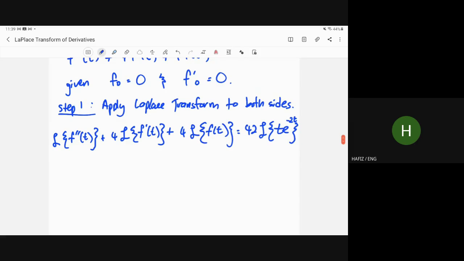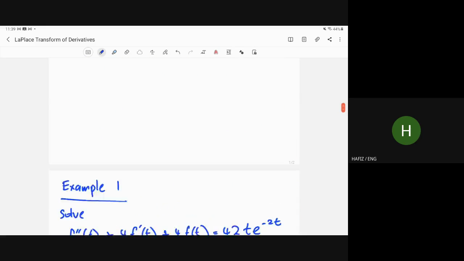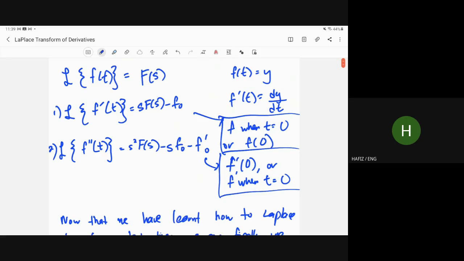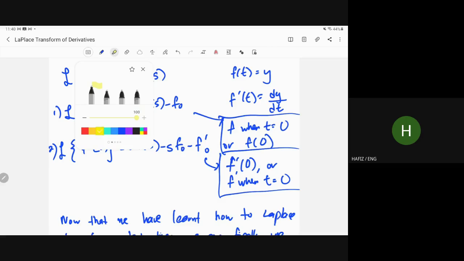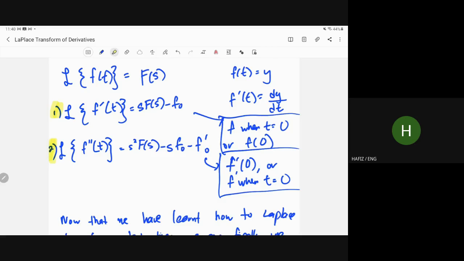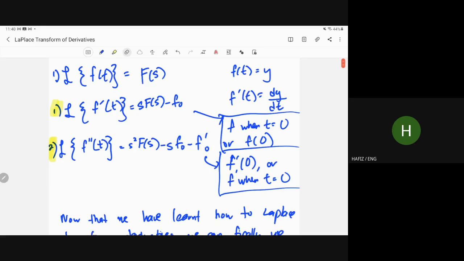Then to get the values on the left hand side, you just replace them with the equations we have outlined here. So this one and this one, 1 and 2, and also this one, so there's 1, 2, 3.